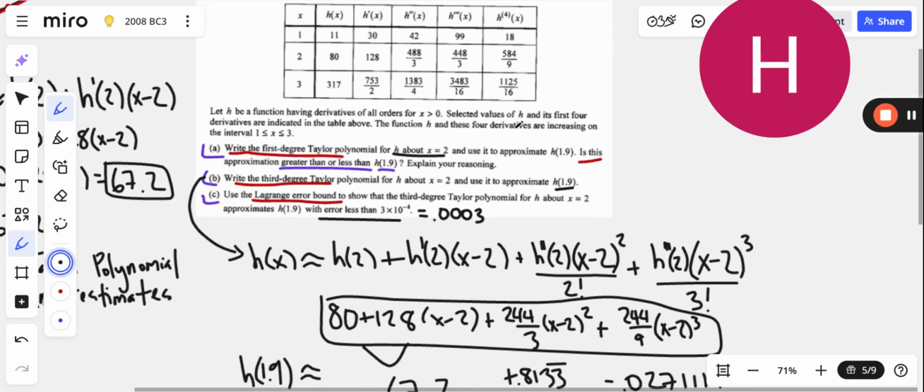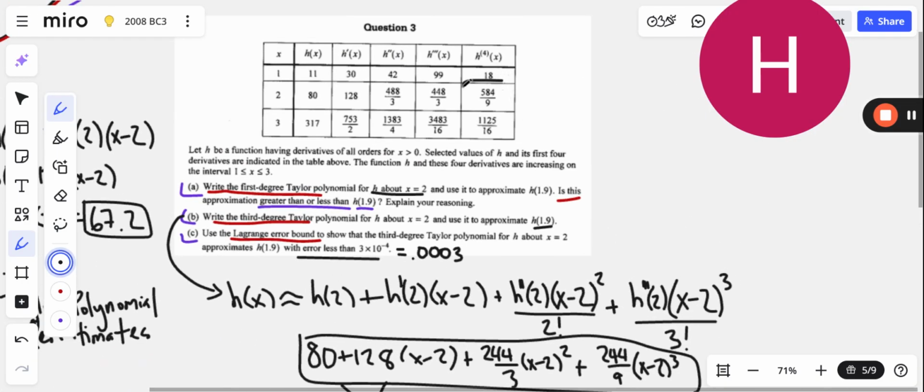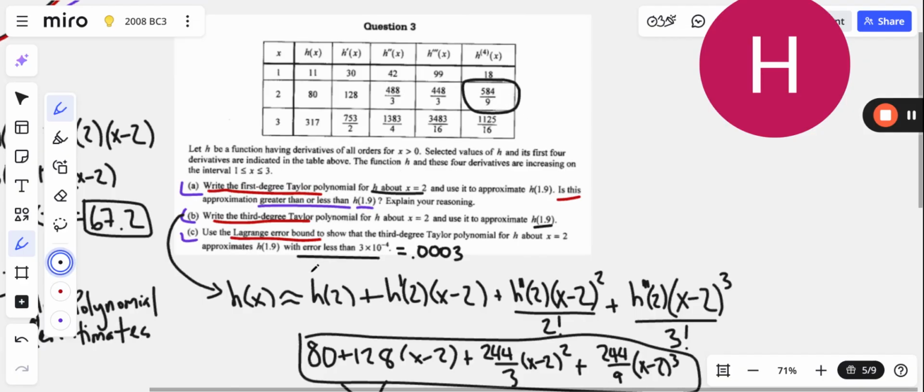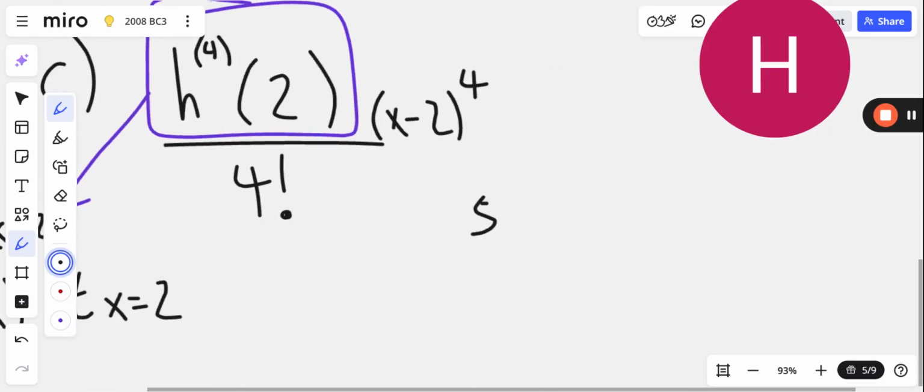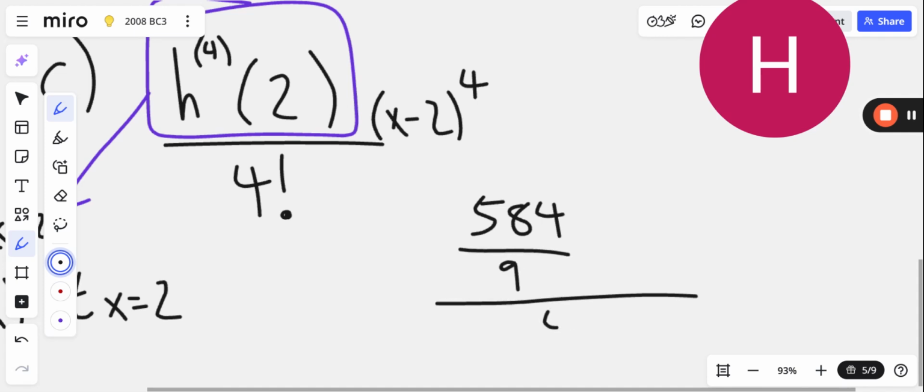Okay, so how do we do that? Well, we have to take h4, the fourth derivative of h, at 2, that's 584 over 9. So this would be 584 over 9 over 4 factorial, and then times x minus 2 to the fourth.